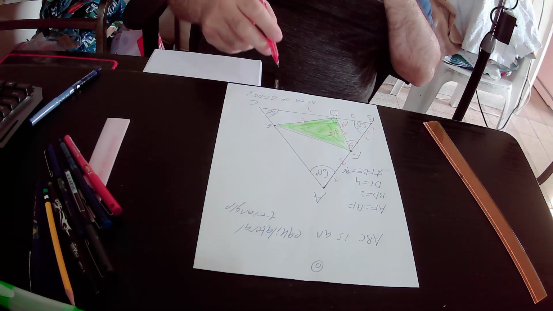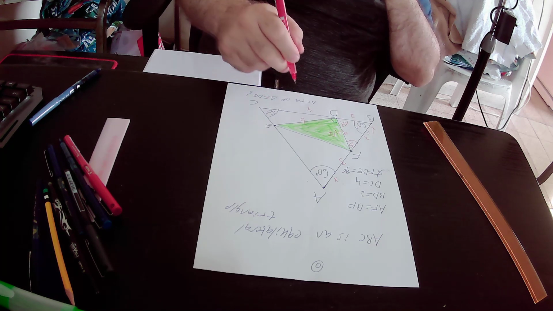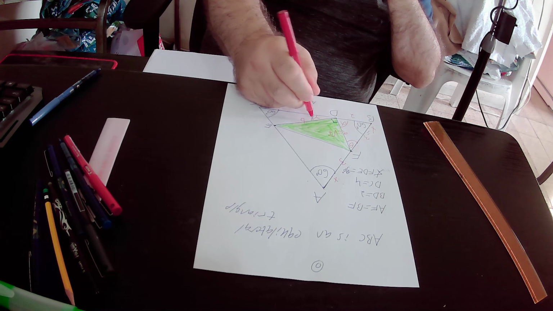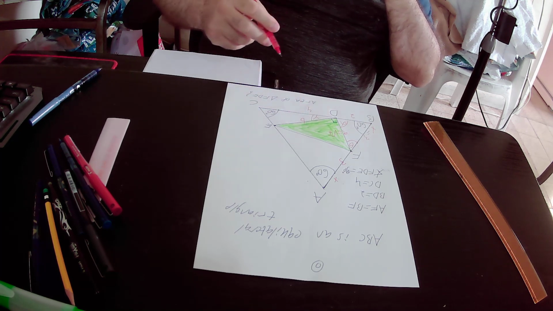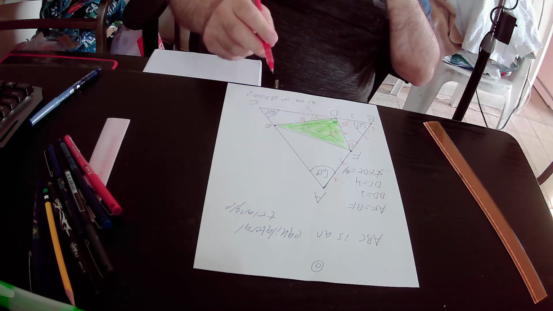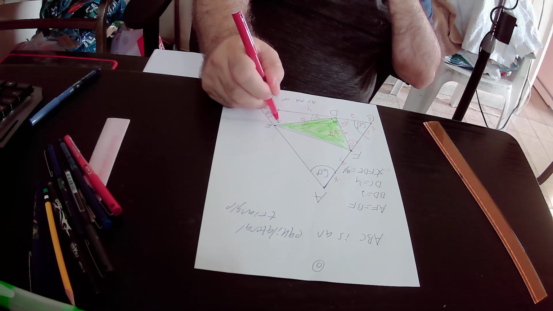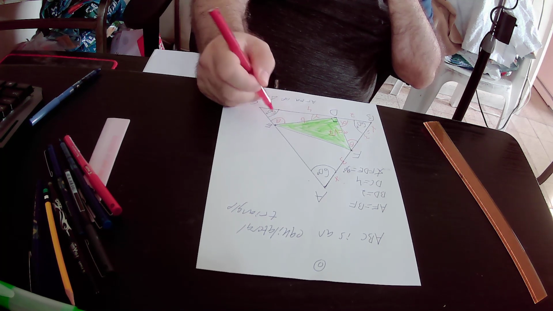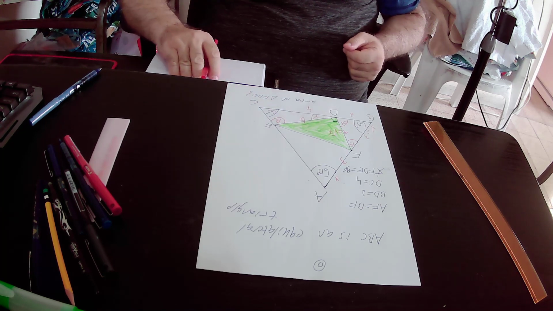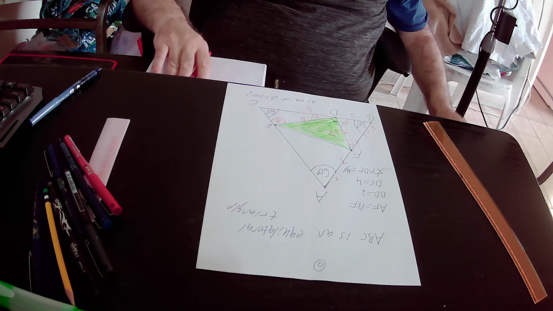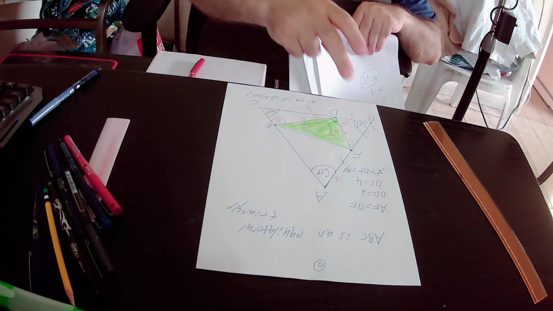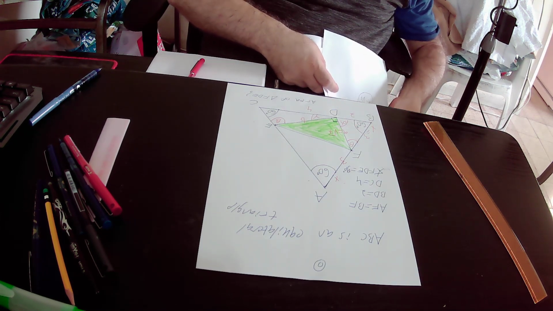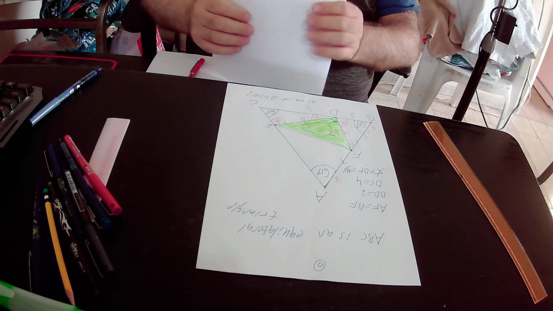Then we will define angle EDC as gamma, and we will define angle DEC as beta. And we will find out the value of sinus theta according to the law of sines.